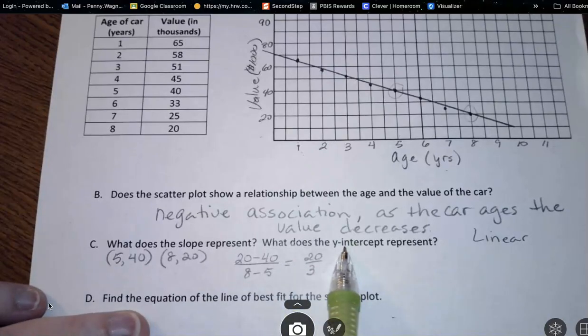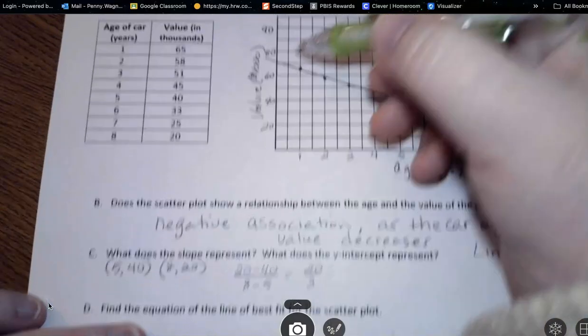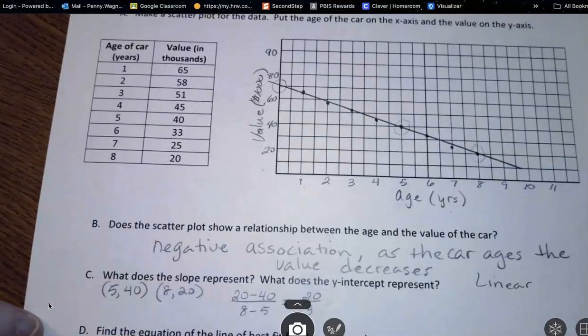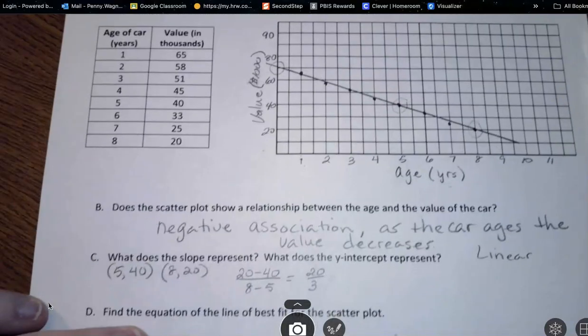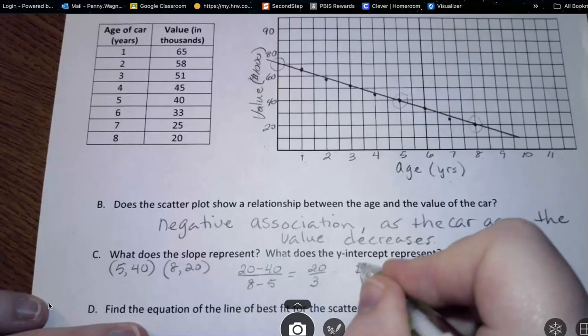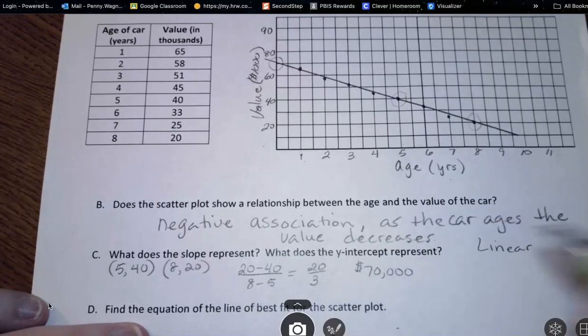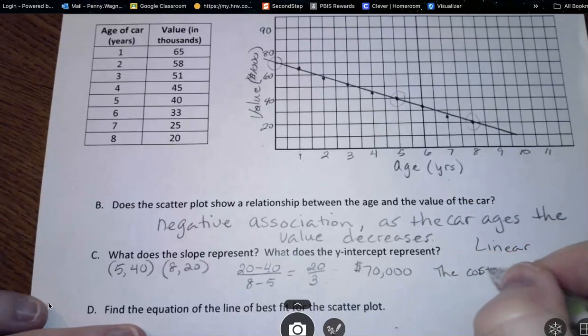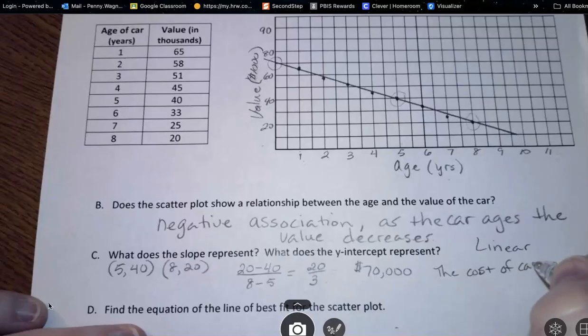And then they want to know, what does the y-intercept represent? If I come up here and look where the line crosses the y-axis, it would be at 70,000. What does that represent? That represents the cost of the car when it was brand new.